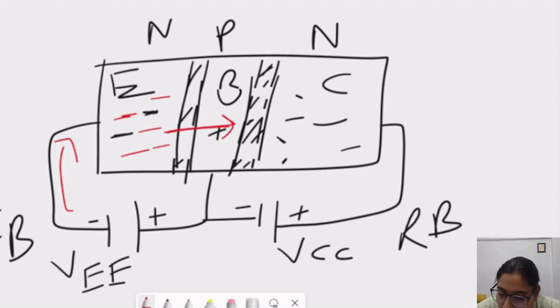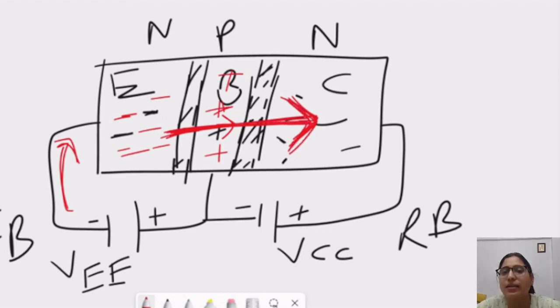Electrons will move towards the base and a few electrons will combine with the holes, but here holes are very few, so few will recombine and most of the charges will flow towards the collector. Due to this battery, these electrons are excited and break the barrier potential, a few recombine inside the base, and most travel towards the collector junction.